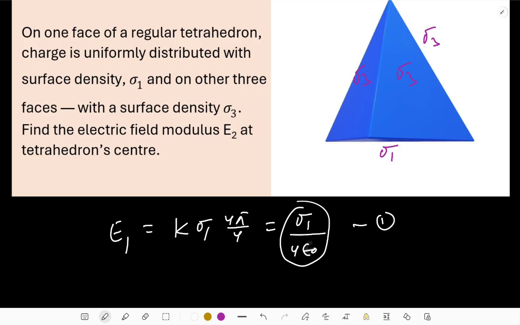So the actual electric field of these three surfaces can be found from the proportionality of the charge strength.